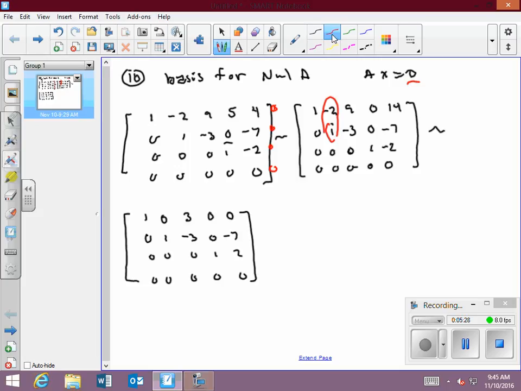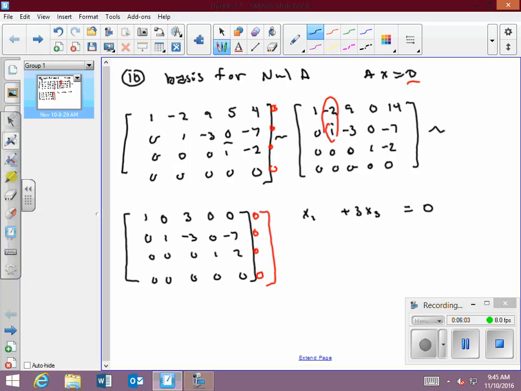Now this is an augmented matrix, so technically what I have is zeros up here. And then if I write this in parametric form, this first row says that x1 plus 3x3 equals 0, correct?